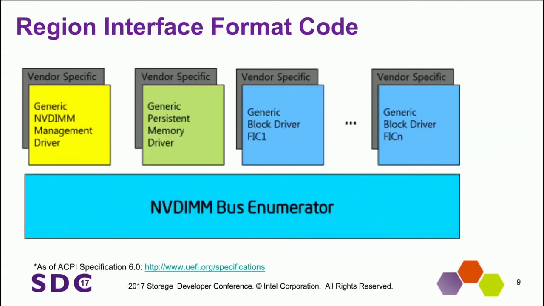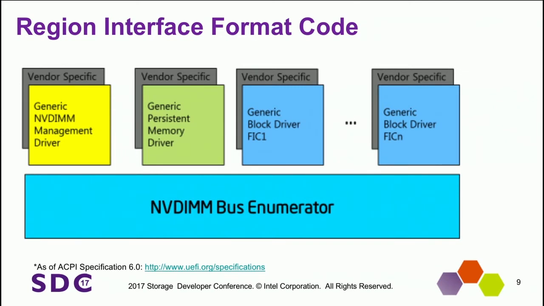Now, the control region structure also contains an interface format code. Because an NVDIMM can be a combination device consisting of different region types, for example, persistent memory and block, a region format interface code indicates the region type as well as the specific implementation within that type.